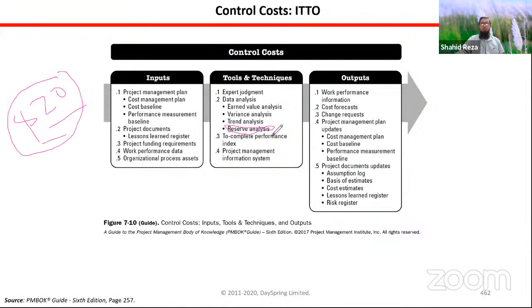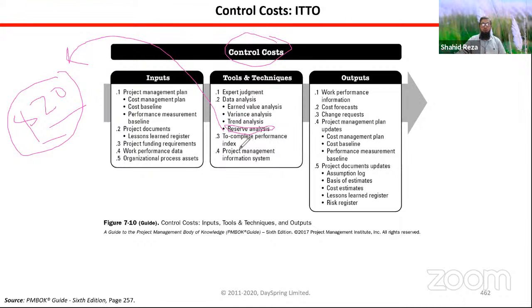So reserve analysis will tell you what should you do with this $20. Control cost reserve analysis checks whether your reserve is still okay. Do you need more reserve, or can you release some money that you reserved for risks that did not happen? That is the scope of reserve analysis.